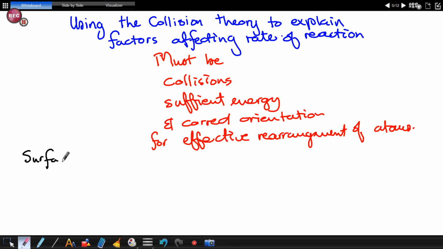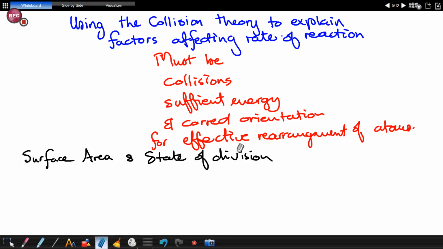And then the temperature. Slow down. Why would you jump instead of the order? Nature, we did nature also. So if the state of division is increased, the surface area increases. If the surface area increases, there will be more collisions between the reactants.